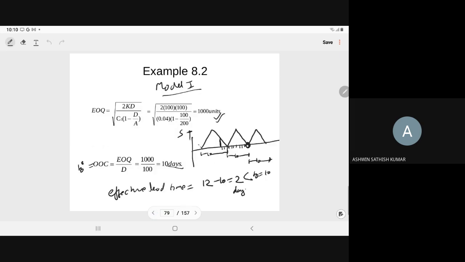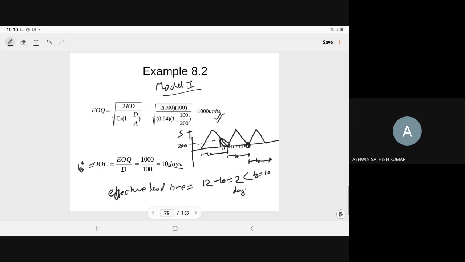So when we have the level of 200 items, in these 2 days we can fulfill the demand of 200 items.